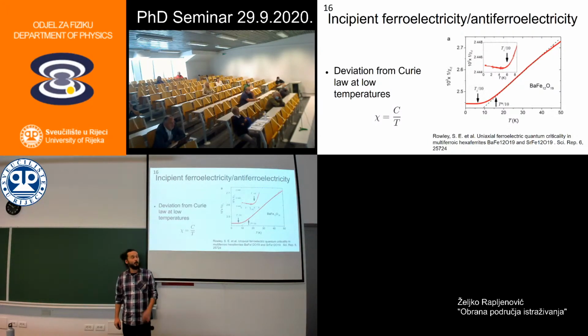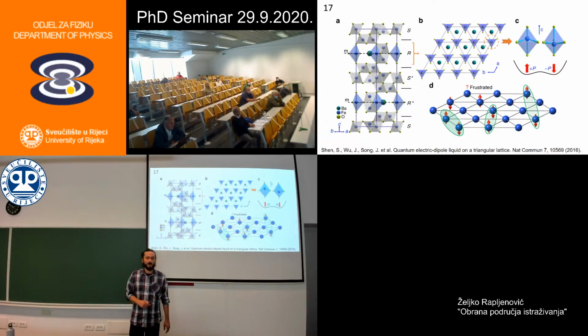At low temperature, there is a deviation from the Curie law, which they interpret as the onset of ferroelectricity, the so-called incipient ferroelectric phase, where incipient means upcoming, so not developed. And other groups have also done similar measurements and got similar results.